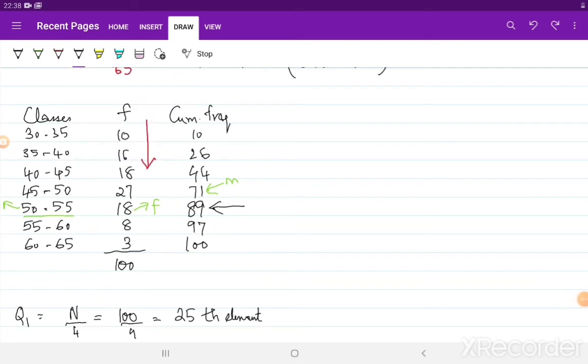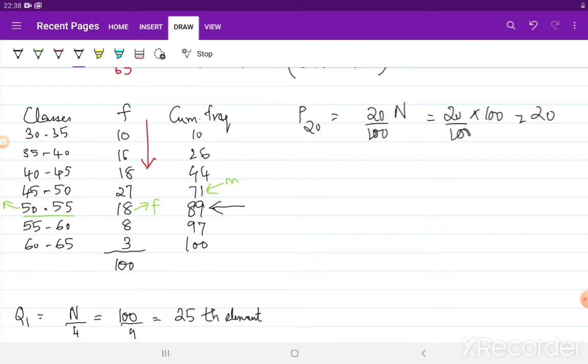Finally, let's have a look at how to calculate a percentile partition value. So suppose I want to find out the 20th percentile, so P20. The position of the 20th percentile will be such that it has 20 by 100th of n below the value P20. So 20 by 100 into 100 is equal to 20, right?